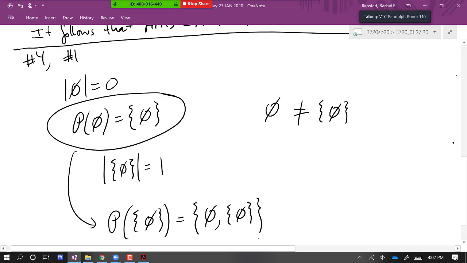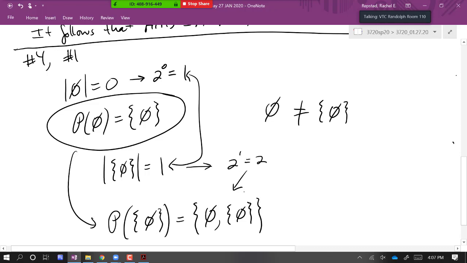So let's note that the 2 to the n rule for how many subsets a set has works here. The empty set has 0 elements, and 2 to the 0 is 1, and lo and behold, the number of subsets is 1. The set that contains the empty set has 1 element. 2 to the first is 2.